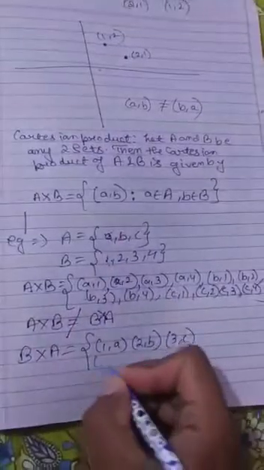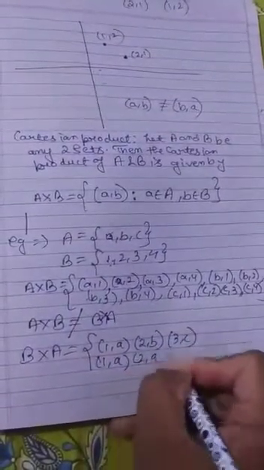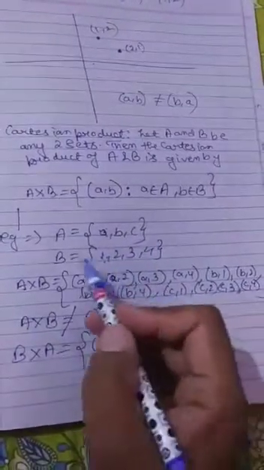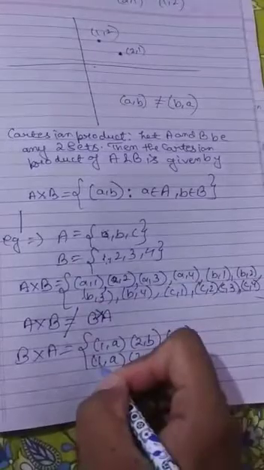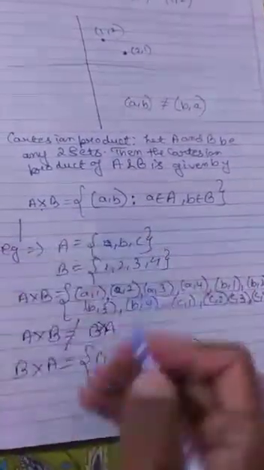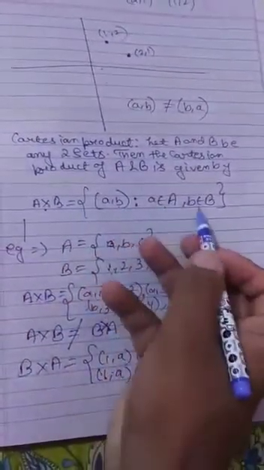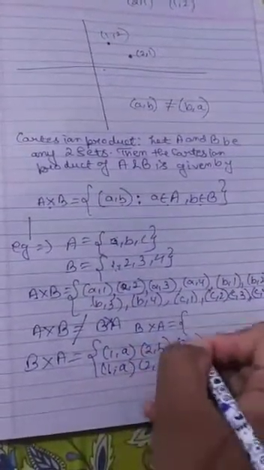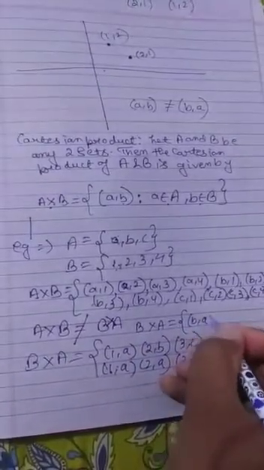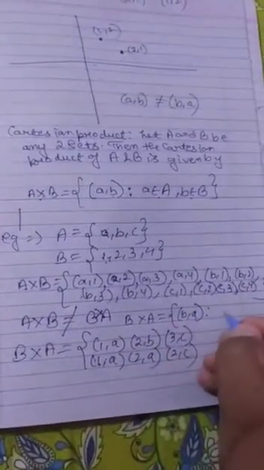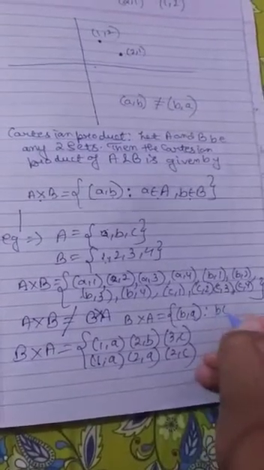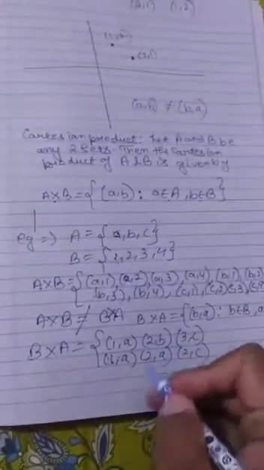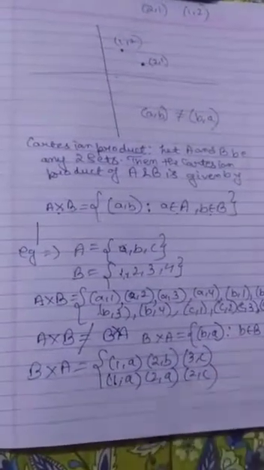Then 1 comma B, 2 comma A, 2 comma C. See here, the first element will be changed. For B cross A, the ordered pair will be reversed like B comma A, where B belongs to B and A belongs to A.